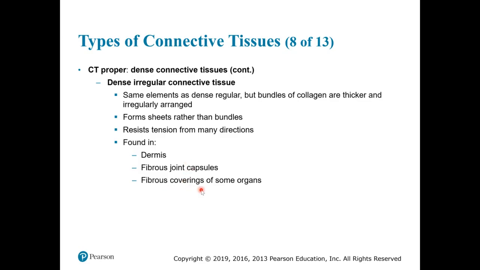And even the fibrous coverings of some organs, like the adrenal glands, the spleen, the kidney, all have dense irregular connective tissue. So when you hear dense irregular connective tissue, like the periosteum of a bone, dense irregular connective tissue, spreading out force evenly.